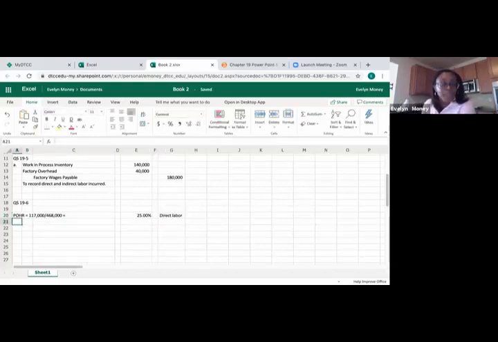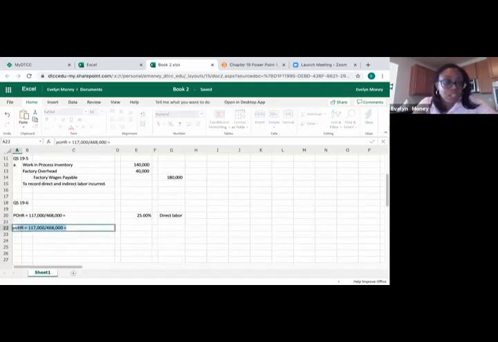Now, what if we didn't think that direct labor cost was a good activity base? What if there's something else that drives overhead costs that's a better estimate? So let's pretend now that we're going to use direct materials costs. So now we take the predetermined overhead rate, and we find it by taking our overhead cost. Overhead always goes on top.